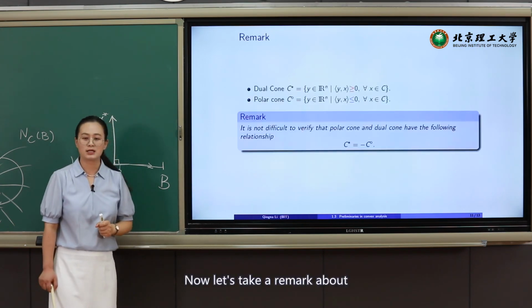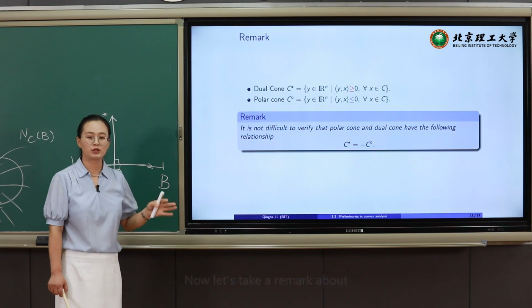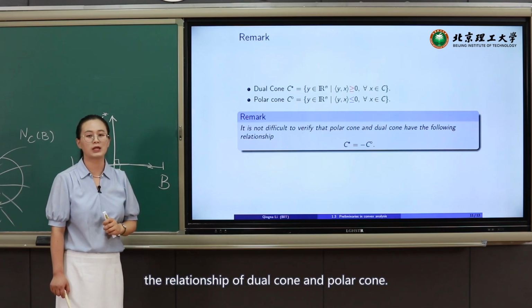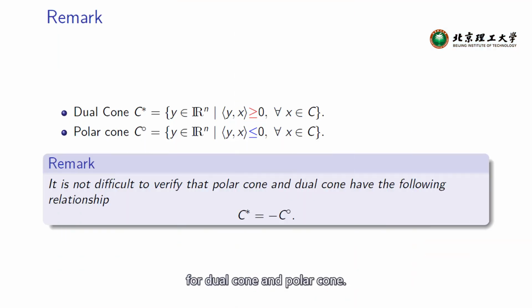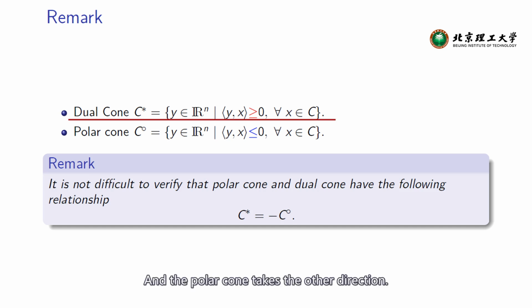Now, let's make a remark about the relationship of the dual cone and the polar cone. This is the definition for the dual cone and the polar cone. We summarize them here, and let's take a look at the sign. For the dual cone, it requires the inner product to be greater than or equal to 0, and the polar cone takes the other direction.